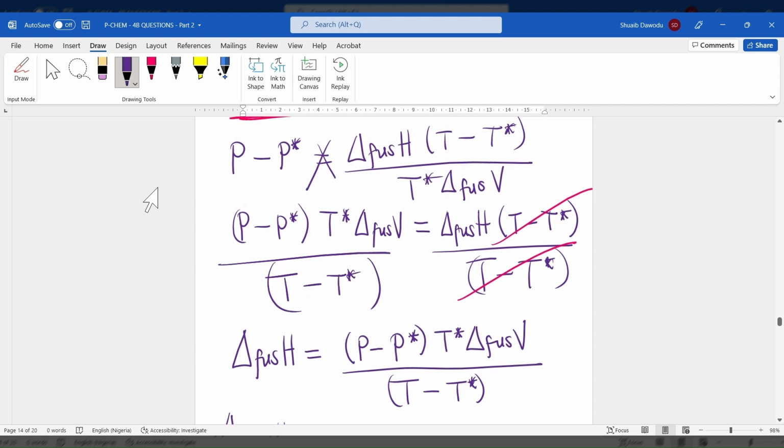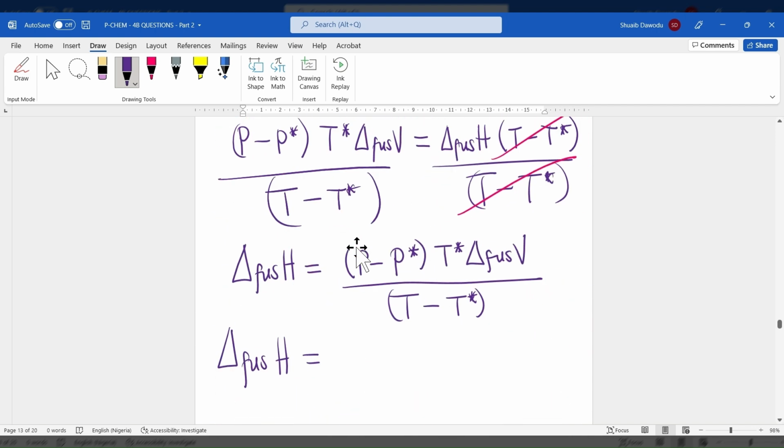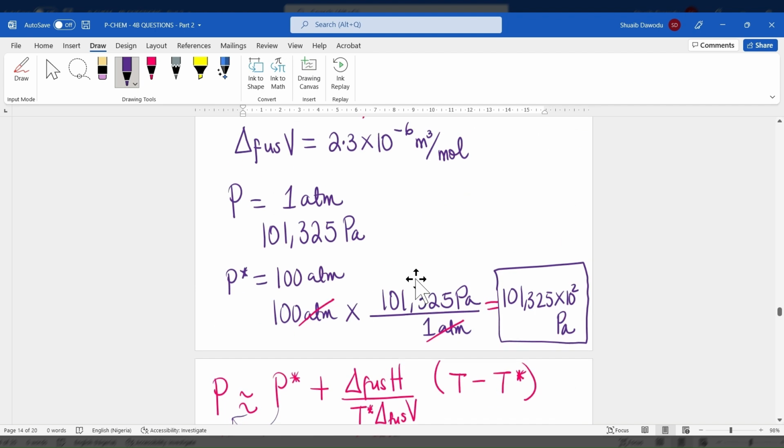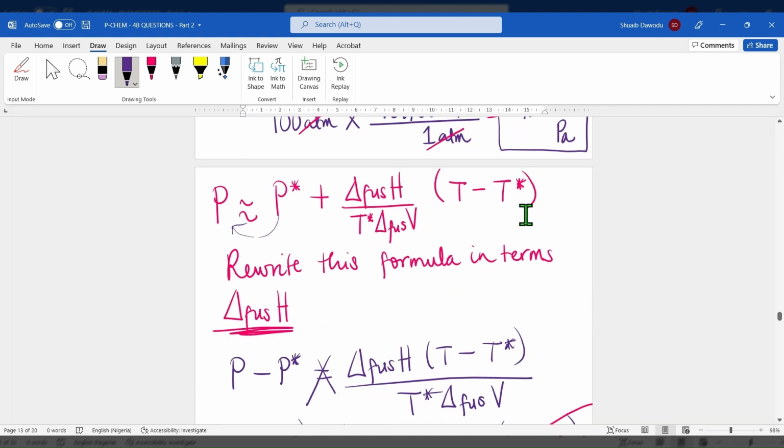So what is P? We know our P to be 101,325 Pascal. We also know that Pascal is the same thing as Newton per meter square. Since we're doing calculations now, we're going to convert it to Newton per meter square because our volume is going to be meter cube, and we have to be able to cancel out.